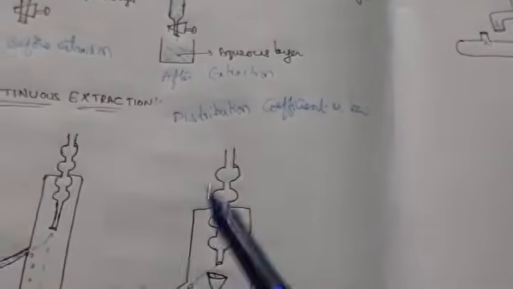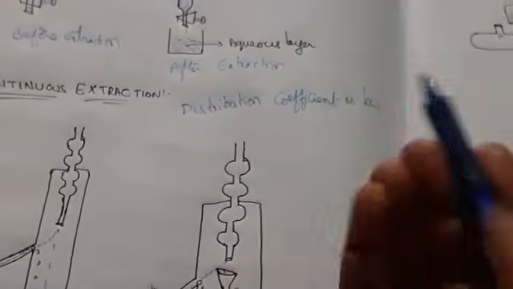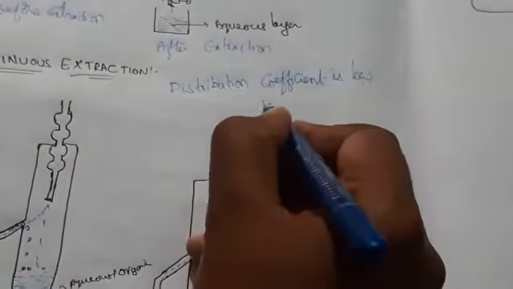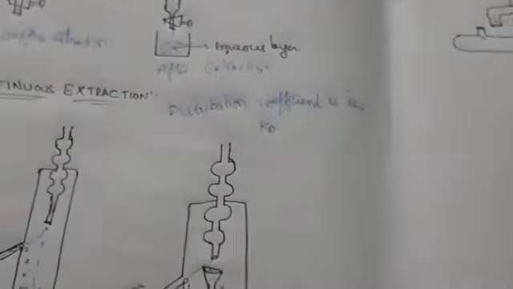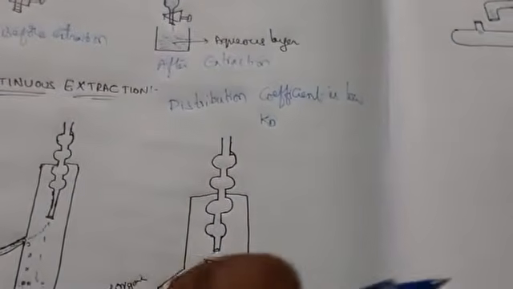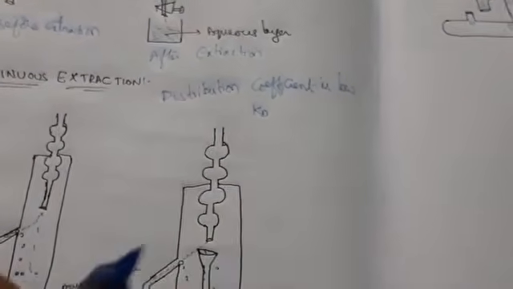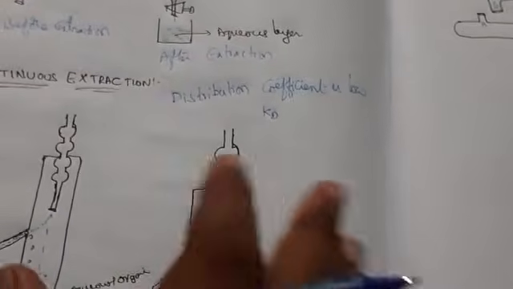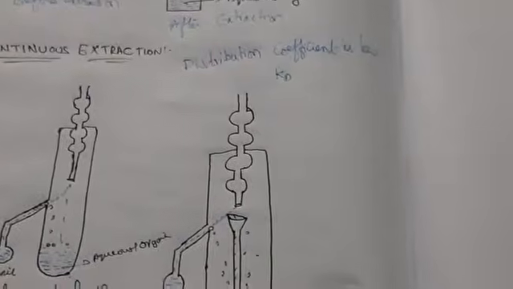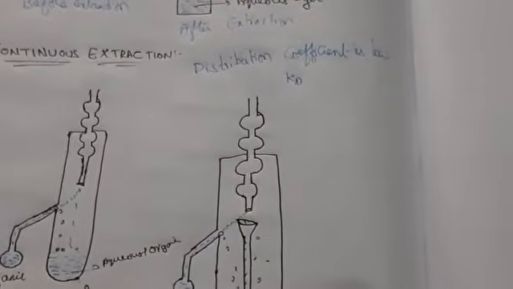Okay, see what happens. Whenever the distribution coefficient or partition coefficient, the KD, is low, and you take a mixture of compounds to separate, the separation will be very difficult. Why? Because it will bring complications. So then we have 2 conditions. What are those 2 conditions?